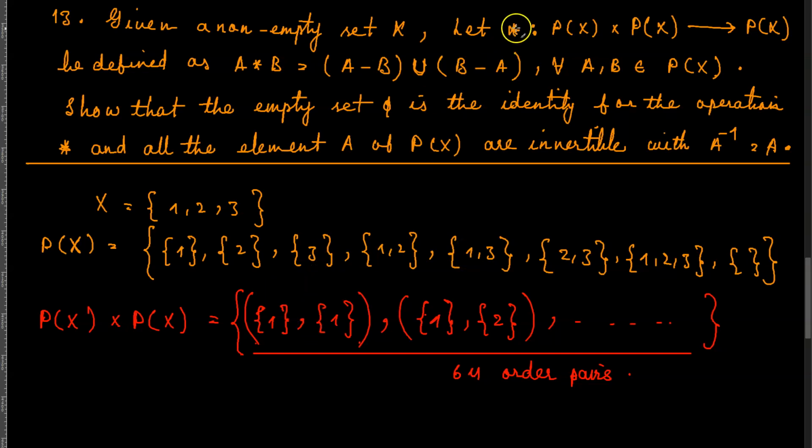And then what star does is that it associates these ordered pairs with some element in P of X. So one of these ordered pairs will be associated with one of the elements in this set, and that's all that star does.